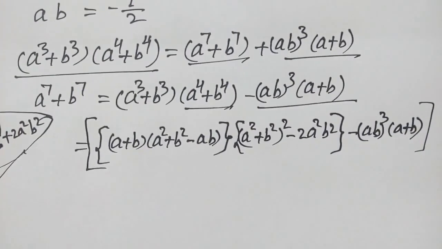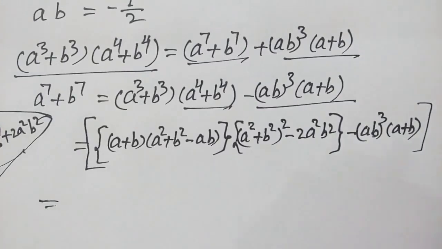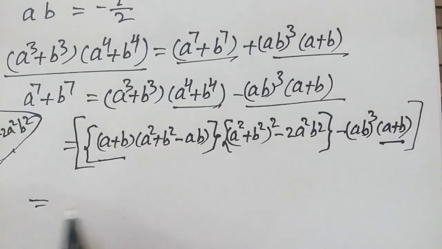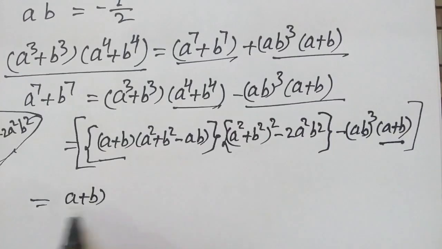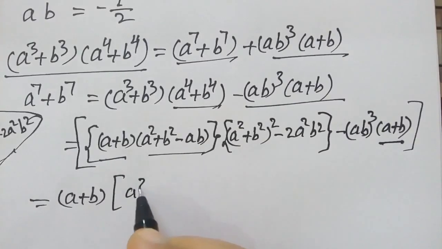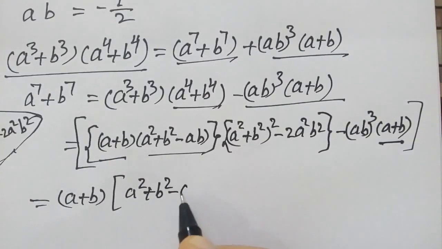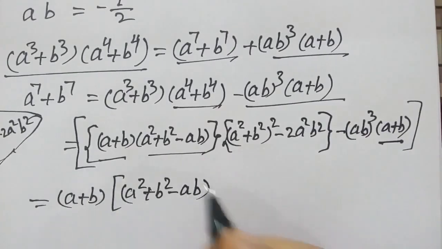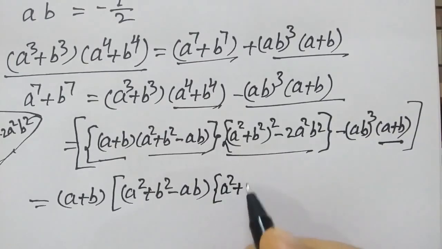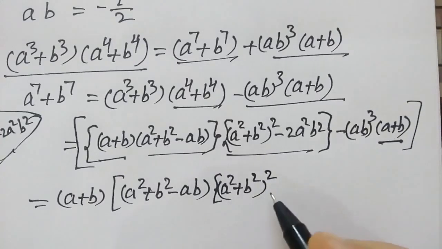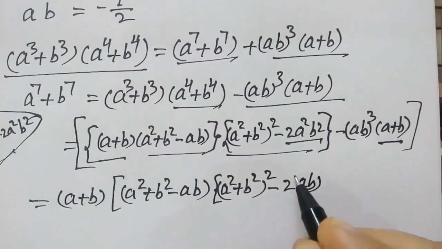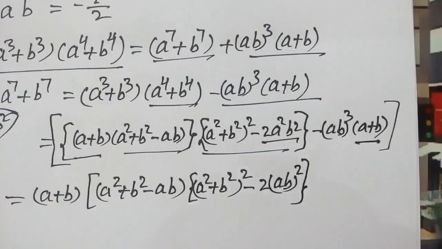Now we can take a plus b common. So a plus b, now we have this (a square plus b square minus ab) and this (a square plus b square) whole square minus 2(ab) square.